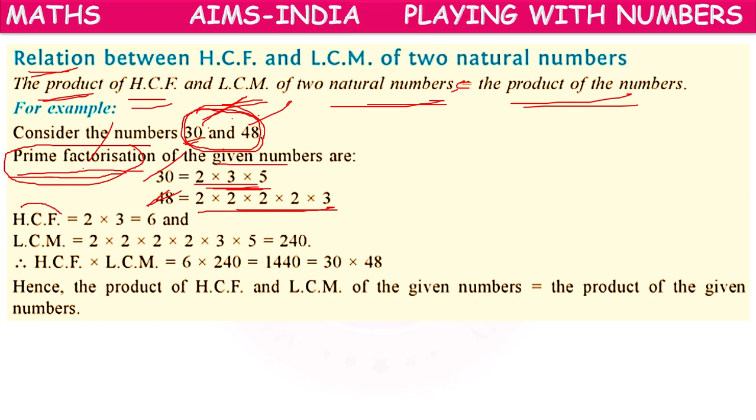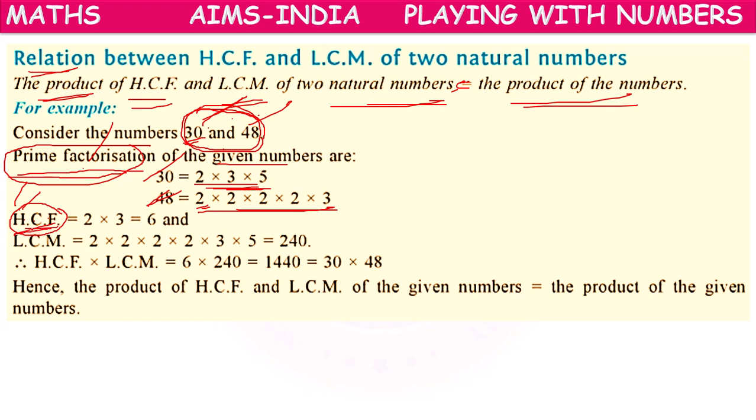Now, what is HCF? HCF is the common prime factor, taken the least number of times it is occurring. Here, highest common factor, the word opposite to highest is least.